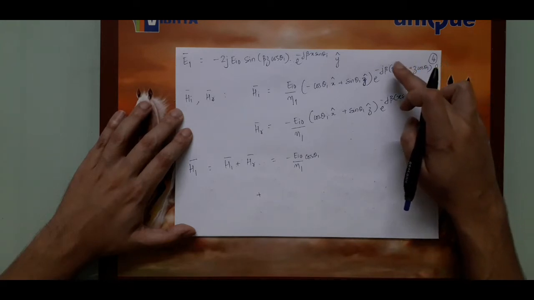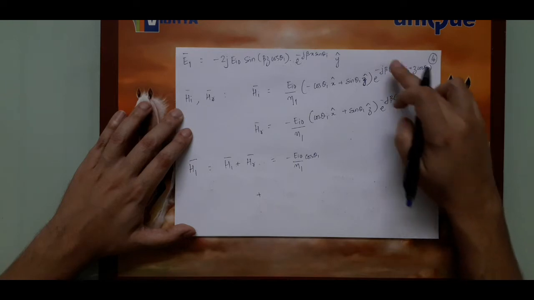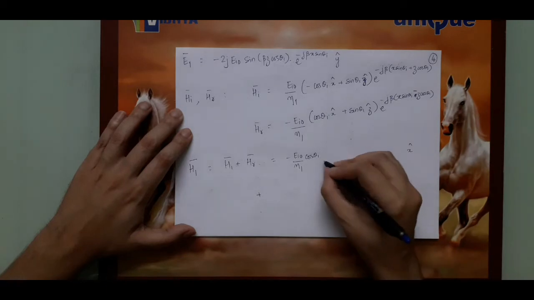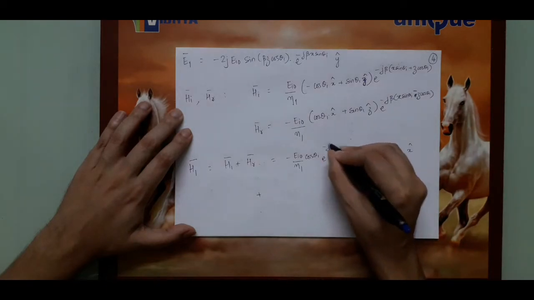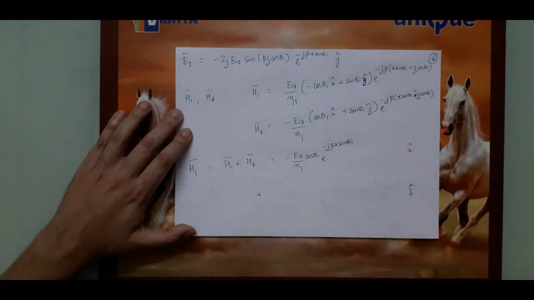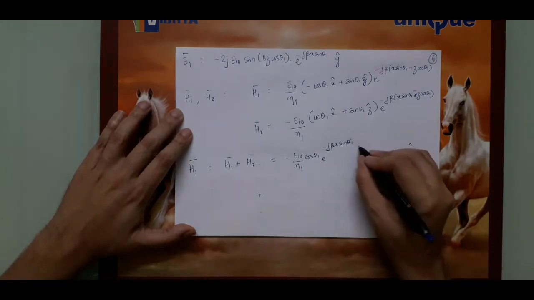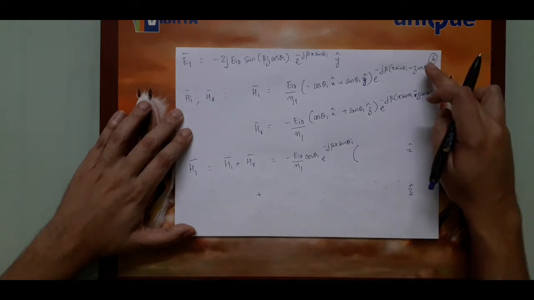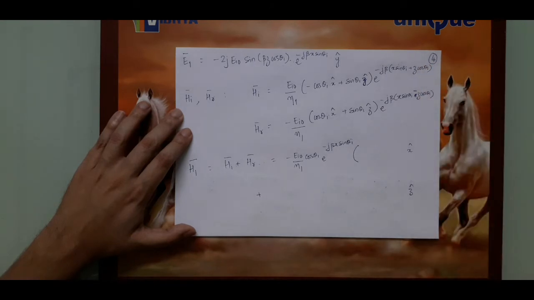And the other common term will be the first one, the j beta x sin theta I. So this will be like this times what? The sum of the other two exponentials.